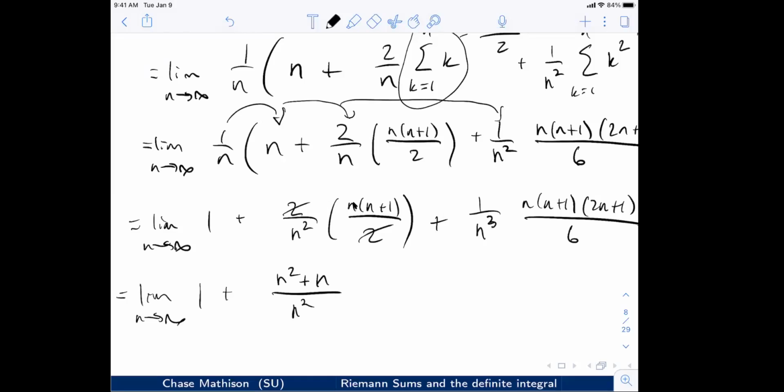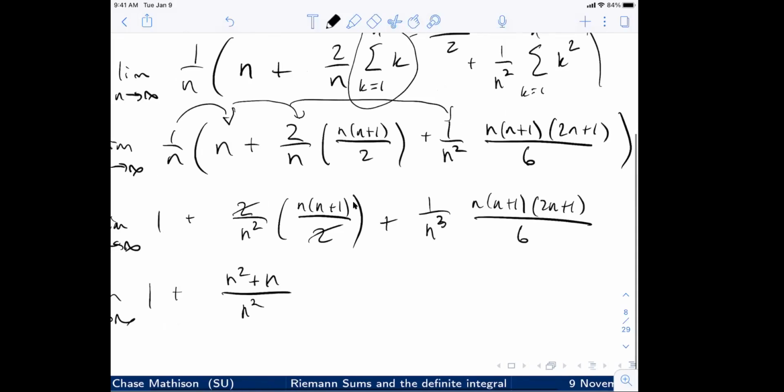Okay, so there's that second term. The third term, well, there's going to be a little bit more work. You're going to be left with 2n cubed plus 3n squared plus n divided by 6.